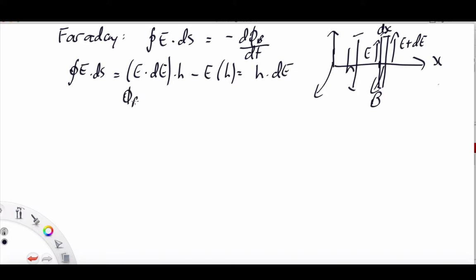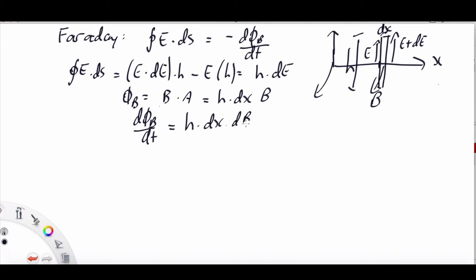And then we've got phi B, which is B times A, the area, which is h times dx, times B. So d phi B dt is going to be h times dx times dB dt.